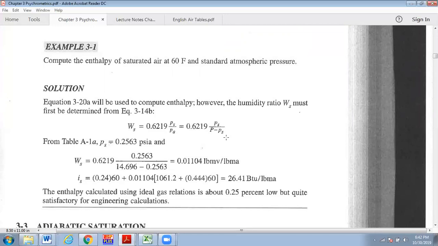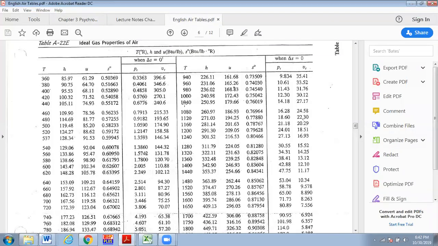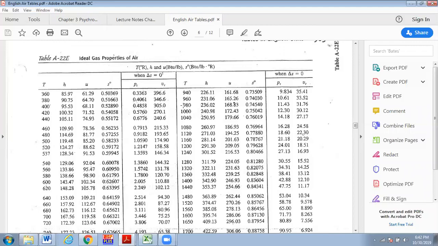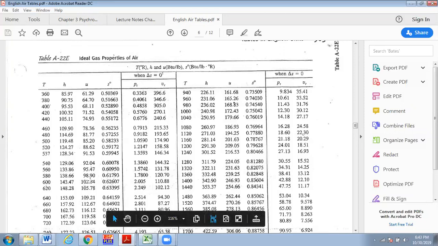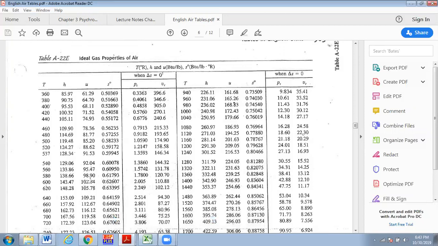Was the reference temperature always 0, or can you calculate? Well, that's a really good question. Let me pull this up. These are dry air tables, the ideal gas property tables out of the back of your thermal book. The temperature is in degrees Rankine over here. So zero Fahrenheit is what? 460, or 459 and some change.